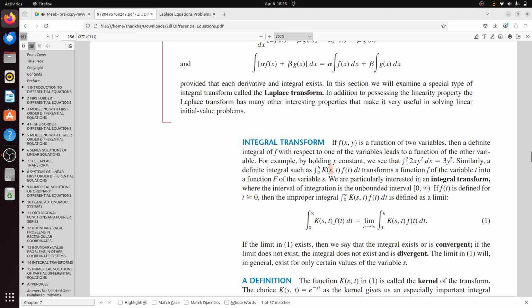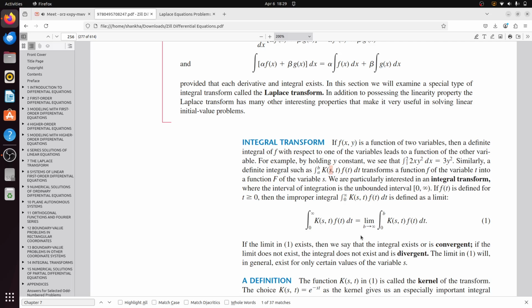So we are particularly interested in integral transformations where the interval of integration is the unbounded interval 0 to infinity. Why 0 to infinity? Once again, you can consider that s also represents the time argument in some other domain.